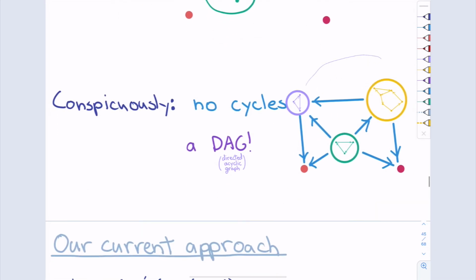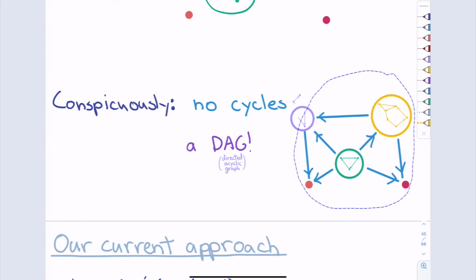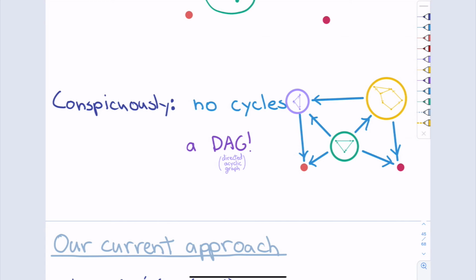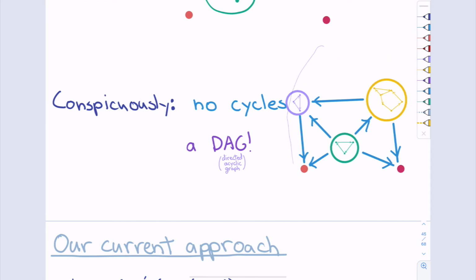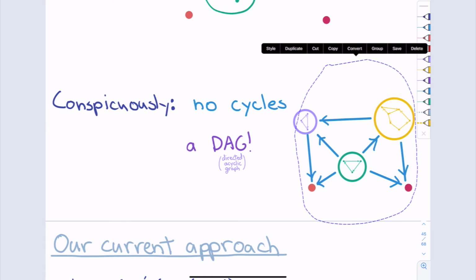Once I've compressed every strongly connected component to a single vertex like this, and I've retained the edges, so if there was an edge from some yellow vertex to some purple vertex, now I just have an edge from the yellow conglomerate to the purple conglomerate.